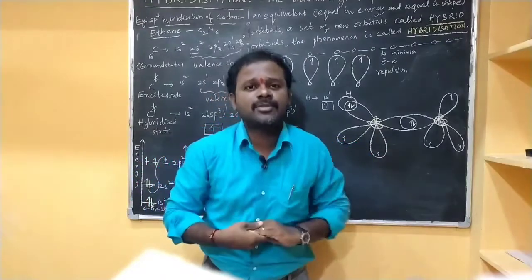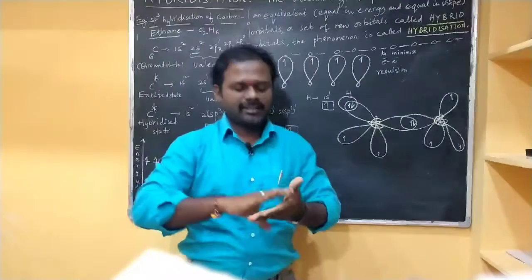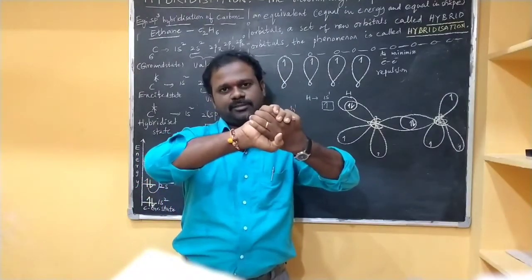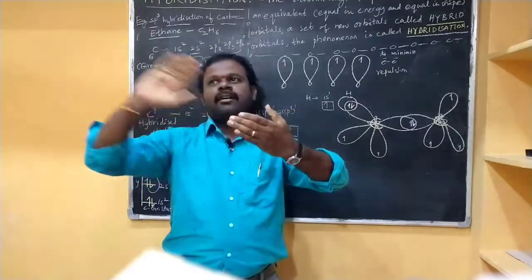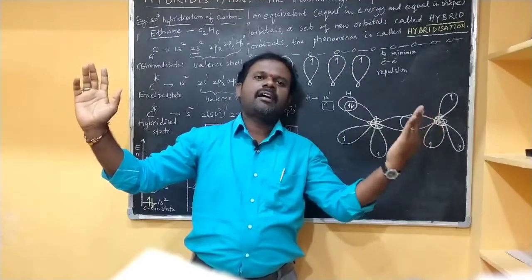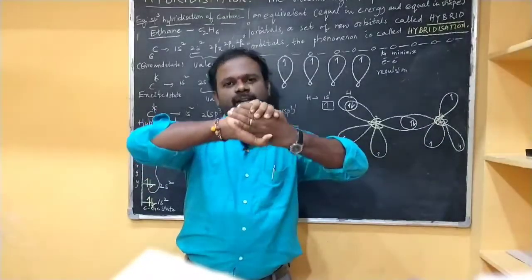Look at how we shake hands; like this, a bond formation takes place. One electron of the carbon atom and another electron of the hydrogen atom share a pair of electrons.